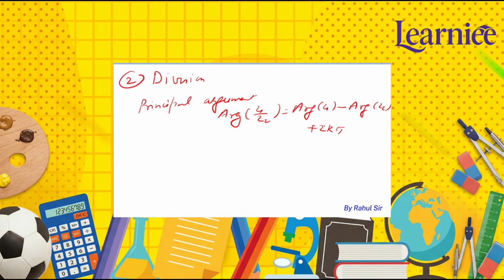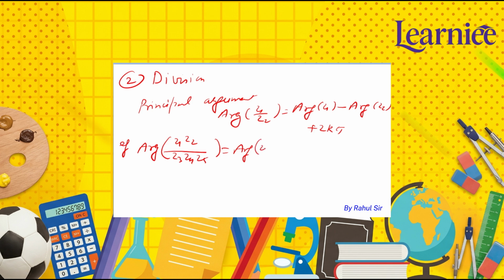So let's take one example, a very basic example. If someone asks you what is the argument of z1 z2 upon z3 z4 z5, we can always write it like a log, they behave like a log.